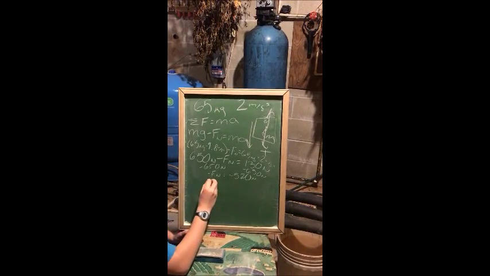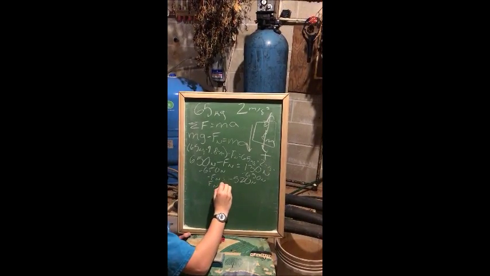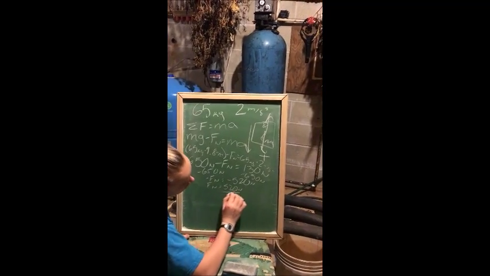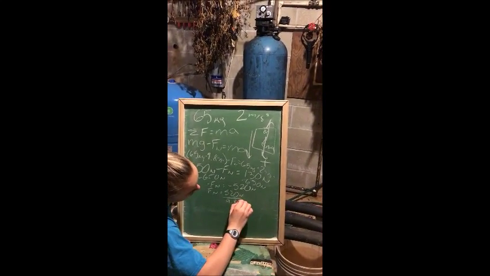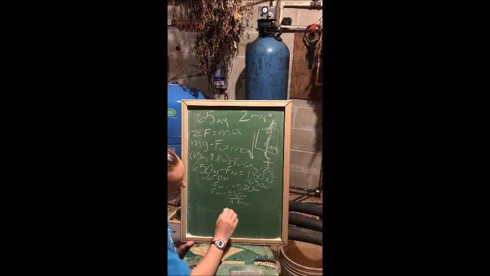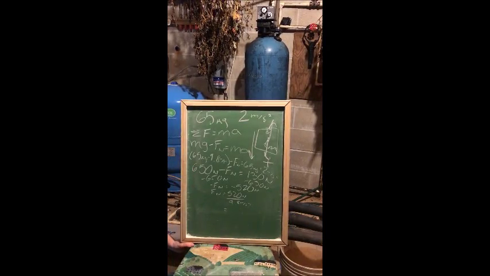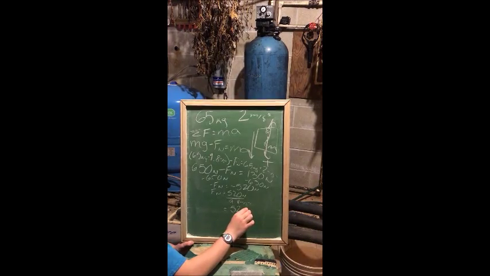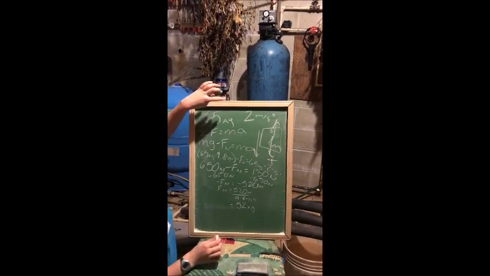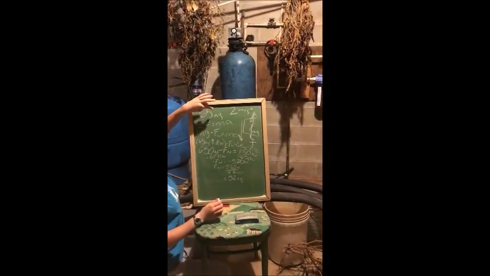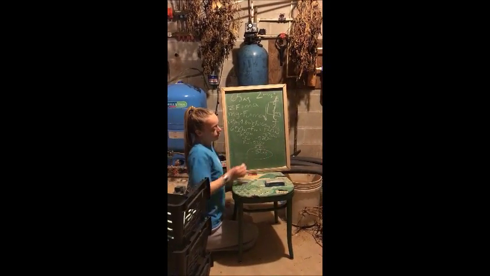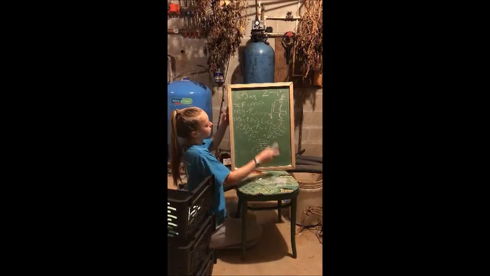We multiply both sides by negative 1 to get Fn equals 520 newtons. And then we divide by 9.8 meters per second squared to get it back into kilograms, which is 52 kilograms. So this 65 kilogram woman will now appear to weigh 52 kilograms on the scale.